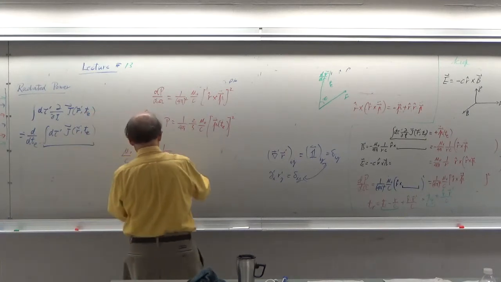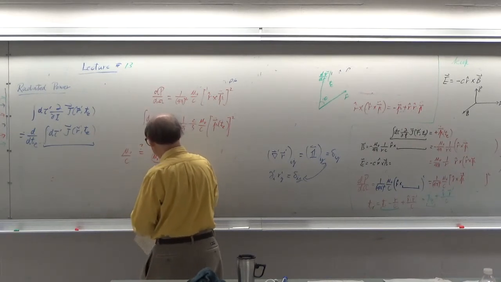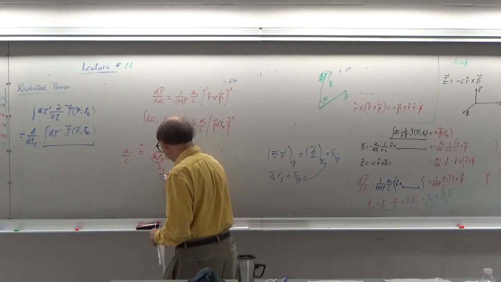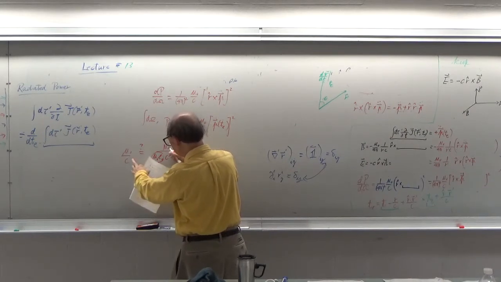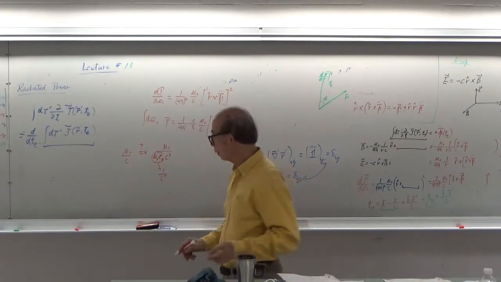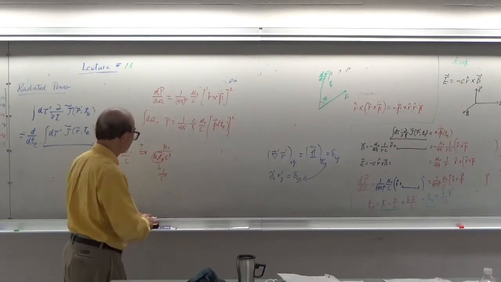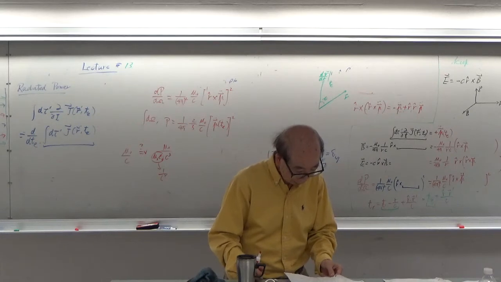All I have to do is multiply both upstairs and downstairs by mu naught. This mu naught epsilon naught is nothing but the reciprocal of c squared. So this in the denominator cancels two of them, giving you this. All right. So it doesn't matter, there are many ways to write this, mu naught over c.